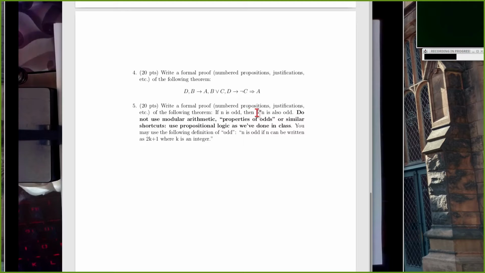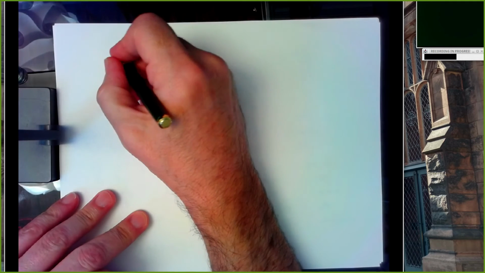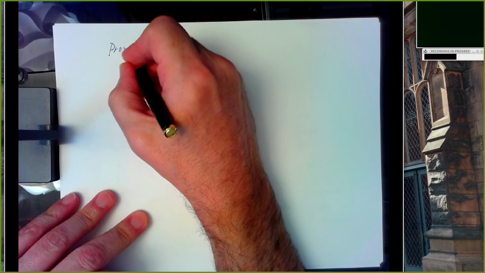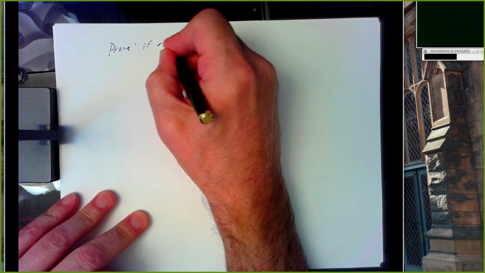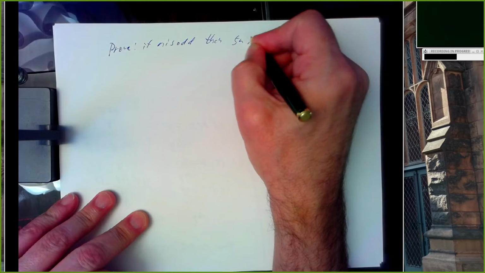If n is odd, then 5n is odd. And so right at the top, I'm going to say what I'm trying to do. Prove if n is odd, then 5n is odd.